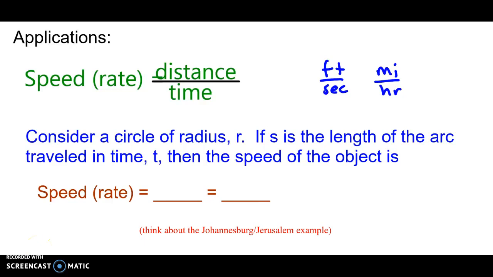So now let's think of this in terms of something that's rotating, right? Or something that's moving over some sort of curve or arc. So in that scenario, we consider a circle of radius r.